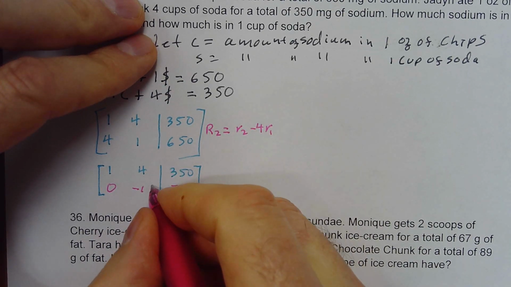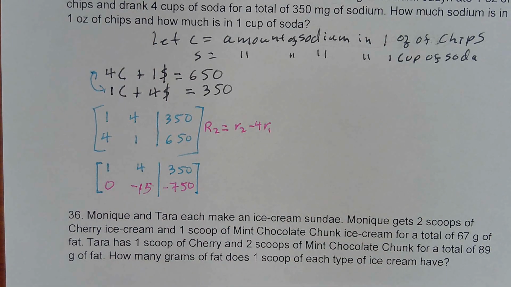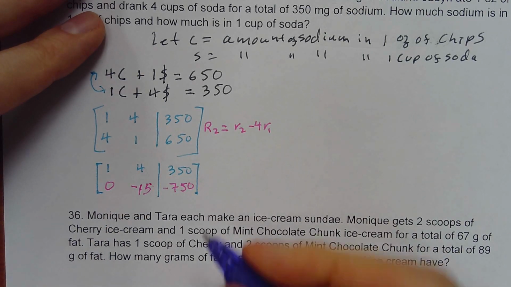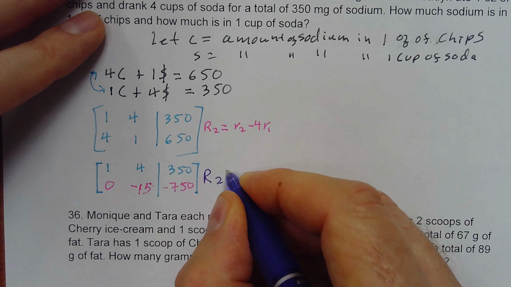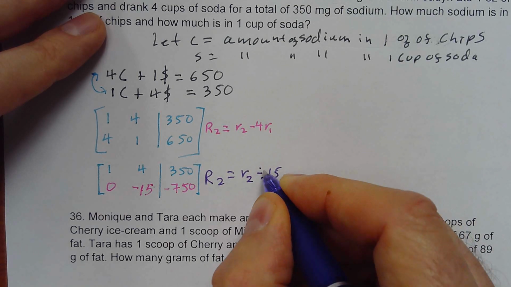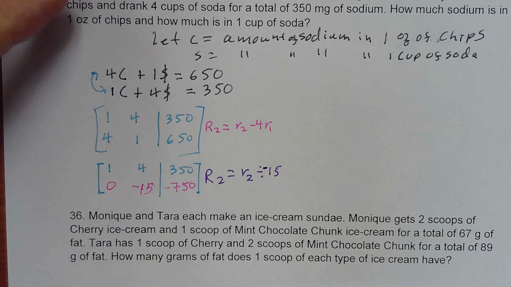And again, if you need to, you can write this out on your scratch paper. And now I need to get 1 here. So I need to divide everything in row 2 by negative 15. So we'll bring it up here.